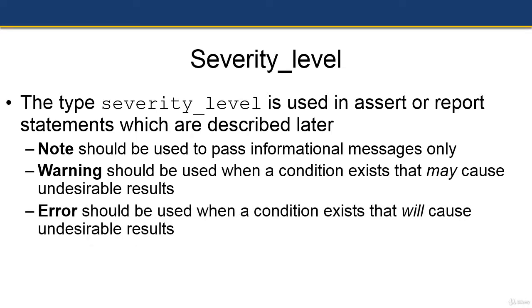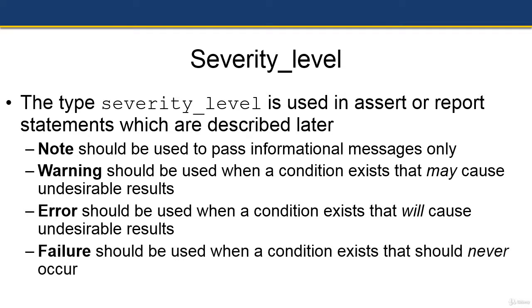The value error should be used when a condition exists that will cause undesirable results, and the value failure should be used when a condition exists that should never occur. But we will cover each of these later when we talk about the assert and report statements and their usage.